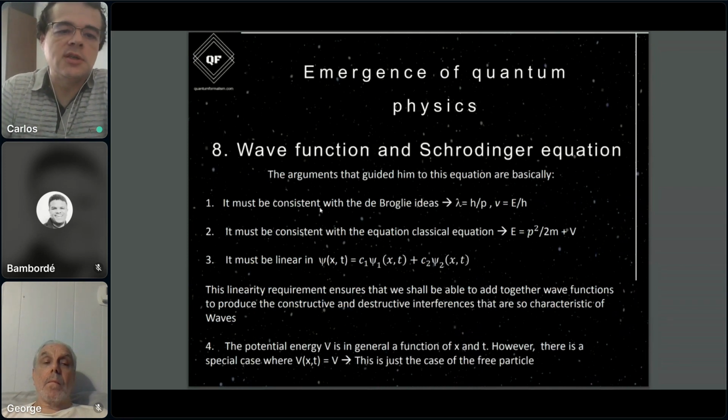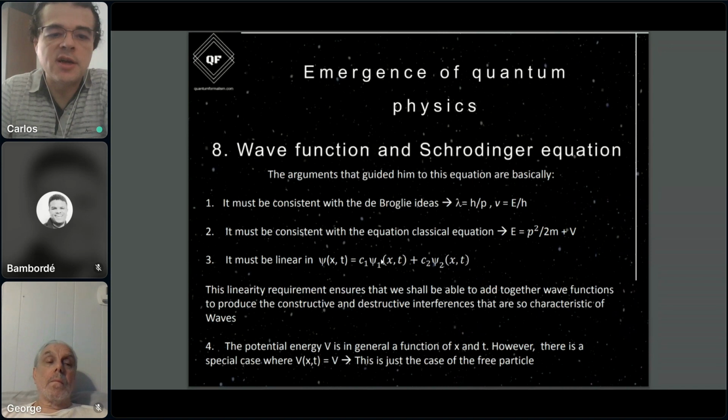The first argument is consistency with de Broglie's ideas, so de Broglie's ideas for matter are valid: the relation between wavelength and momentum, and between frequency and energy. It must also be consistent with the classical conservation equation: total energy is a kinetic part plus a potential.